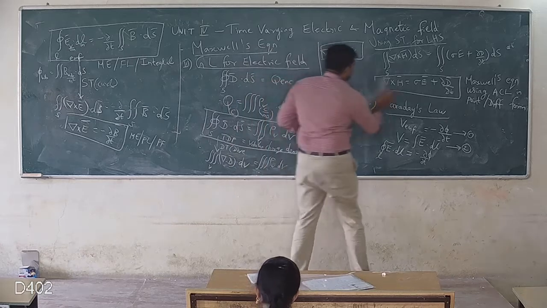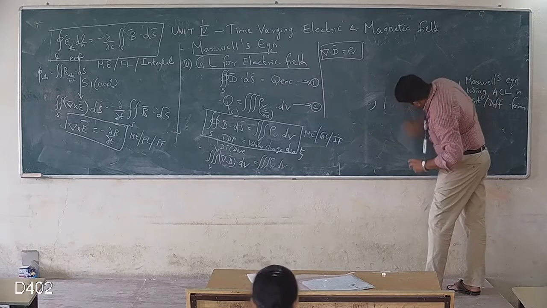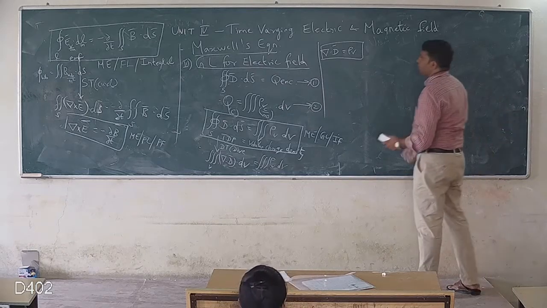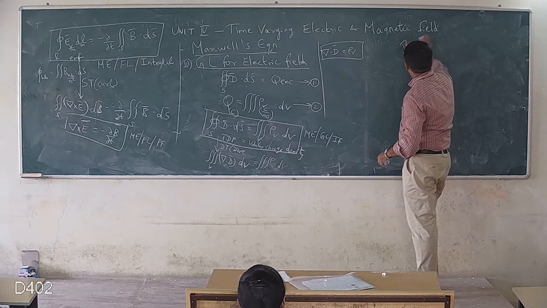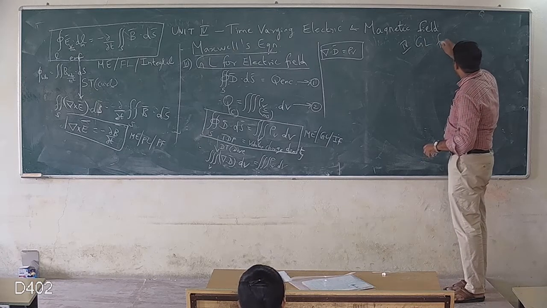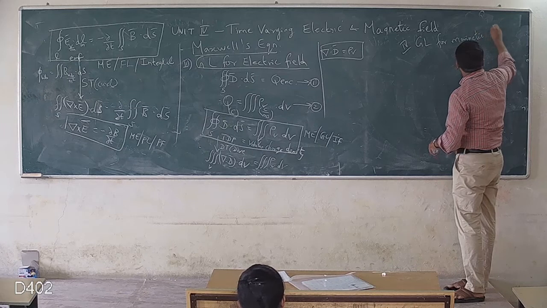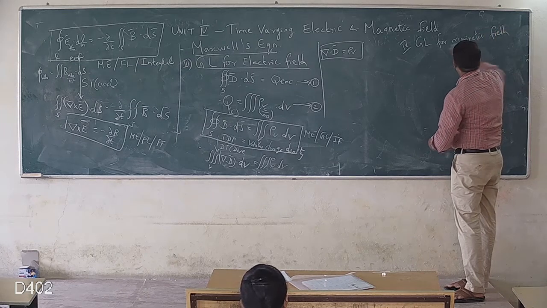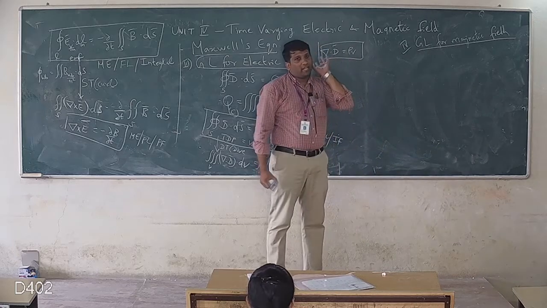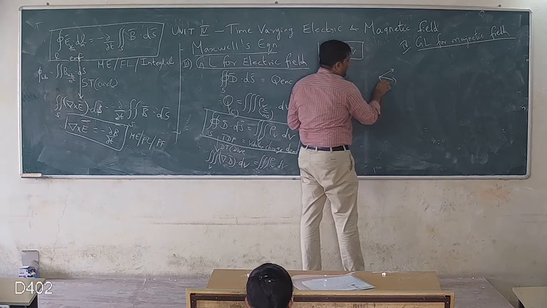And finally, the fourth law, which is Maxwell's equation using Gauss law for magnetic field. We can understand that in the case of electric field, if I have a charge, it will have electric field in all the possible directions.